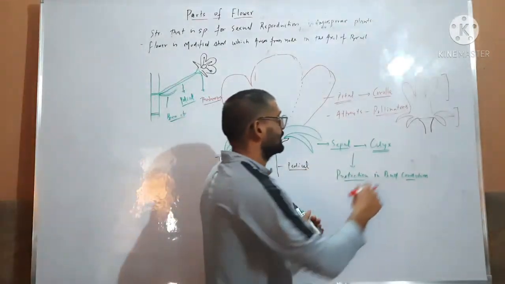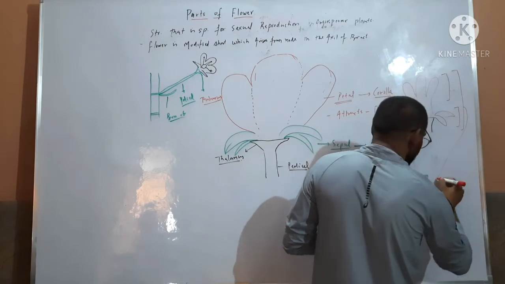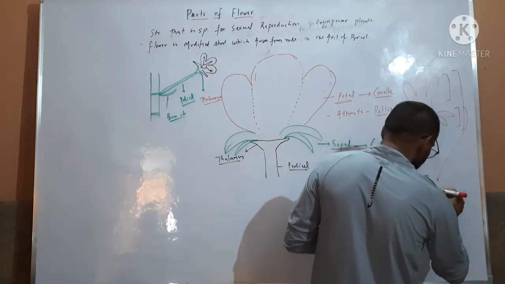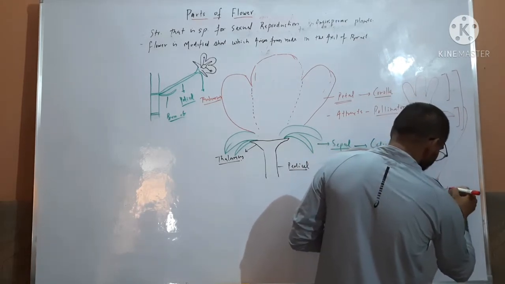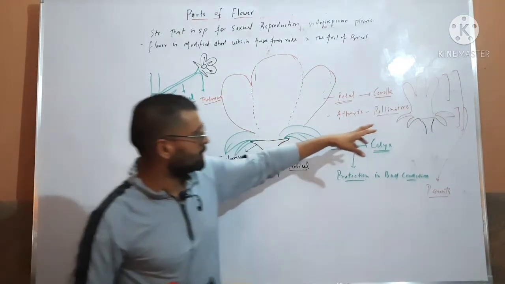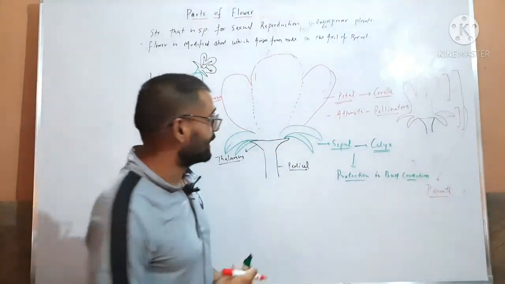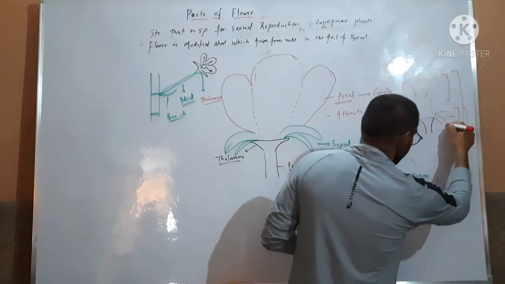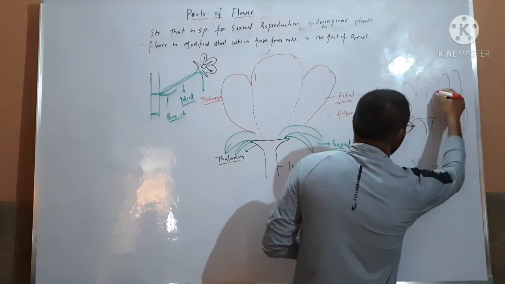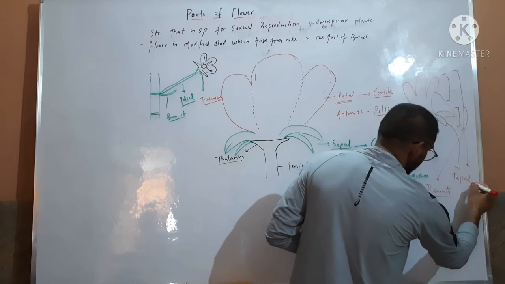In this case, both these structures are collectively called perianth. Both calyx and corolla will be called perianth, and the single unit of this perianth, you can see this or maybe this, will be called tepal.